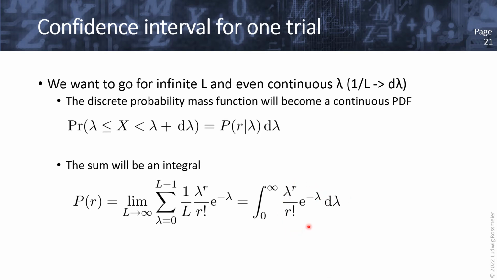The rest remains unchanged, and the sum will go to an integral, and since we choose L to go towards infinity, this integral has the upper boundary infinity. This looks nice, but this is not something which we usually solve. It's not straightforward maths, and the question is how to solve this integral. This we will approach in the next slide.